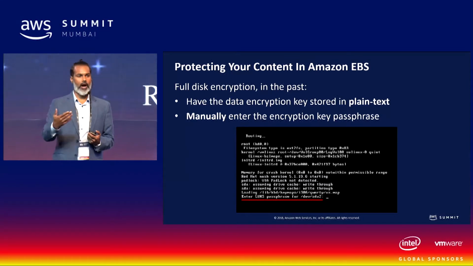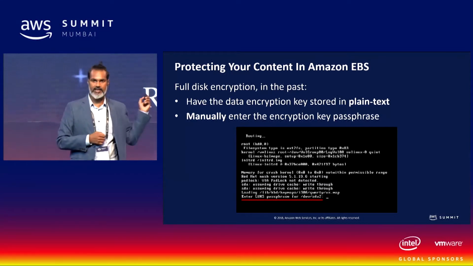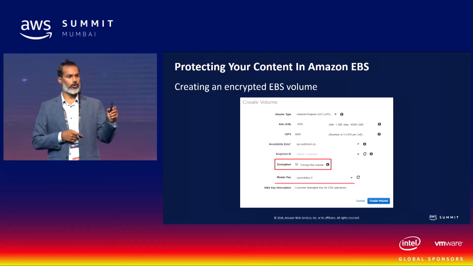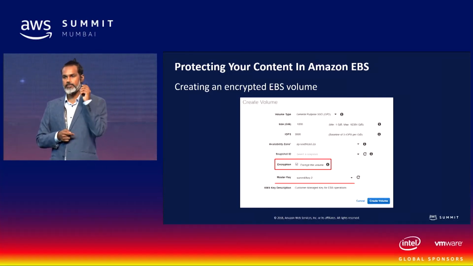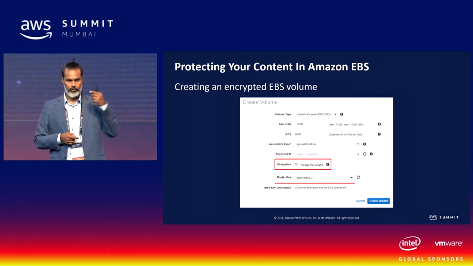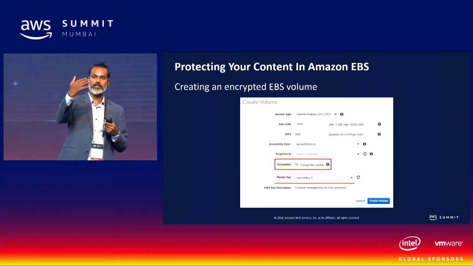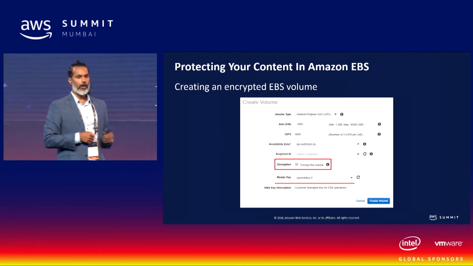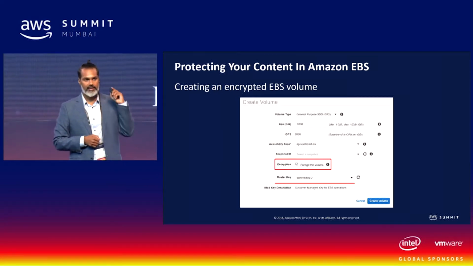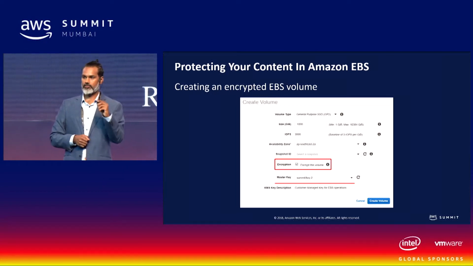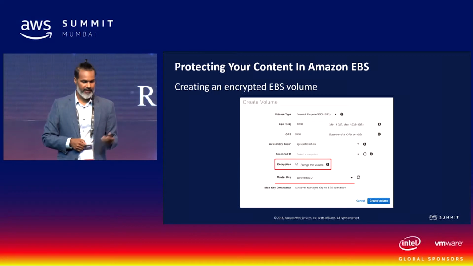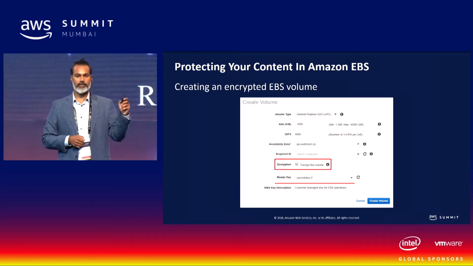But the mechanism that we provide is an integrated encryption service right from the console when you're provisioning an EBS volume. So when you provision an EC2 instance, you also attach an EBS volume. At that point, right there, you have an option of defining whether you want encryption or not. And you choose the key which you want, and your entire volume will be encrypted.